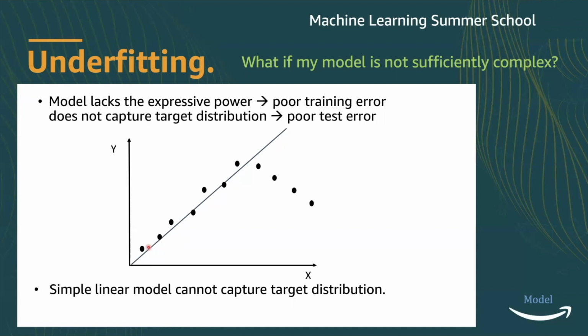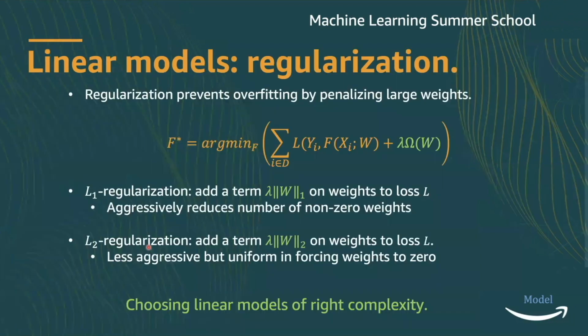You continue to make errors because the model that you're fitting is not complex enough to capture the target distribution. So it is important to ensure that your model is a right fit. It is neither overfitting nor underfitting. But how do you do that?